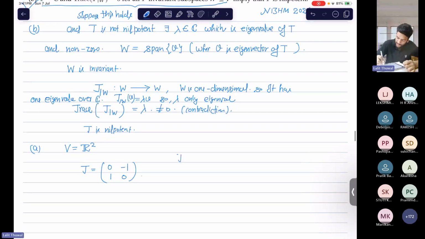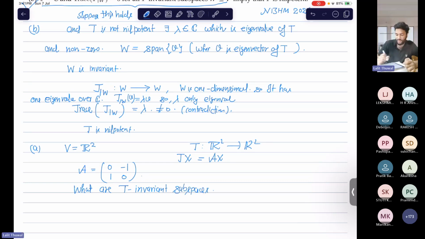So what do I mean? That it will send x to Ax. So T from R square to R square is defined by this linear transformation. So what are the T invariant subspaces?